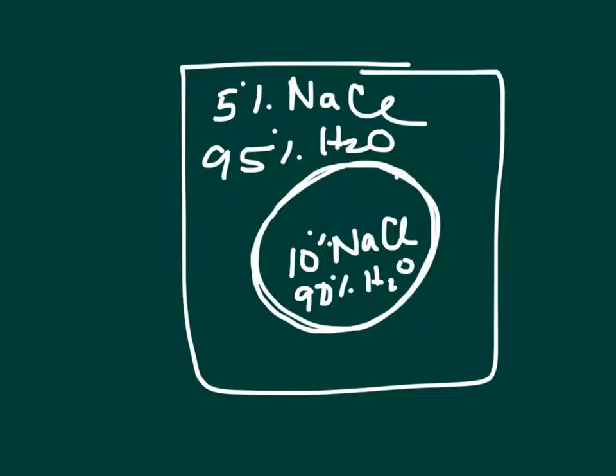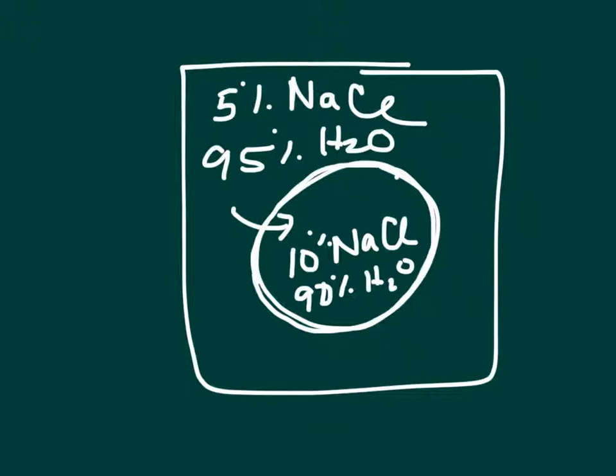So from where the concentration is higher to where the concentration is lower. So what direction will water move? Will it move into the cell or out of the cell? It's going to move into the cell. Because 95% is bigger than 90%, right? So it moves until the concentrations are the same.